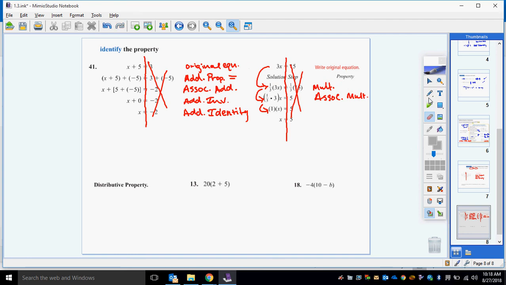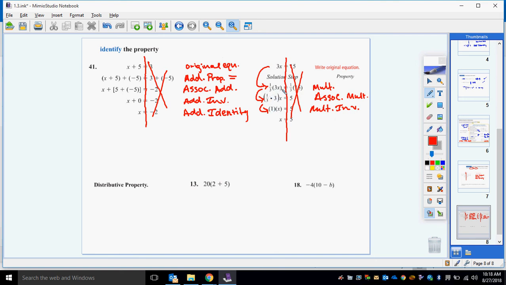Okay. It does look like multiplicative inverse, okay? But multiplicative inverse, the answer has to be 1. So that's down here. I'm sorry. And if I confused you, just raise your hand and call me over and I'll help you out. Multiplicative inverse. The answer to a multiplication problem is 1.